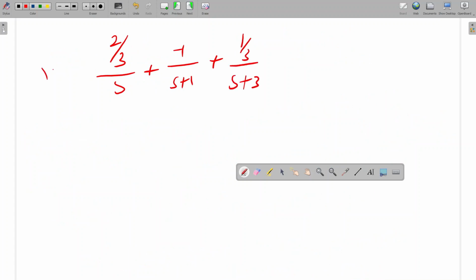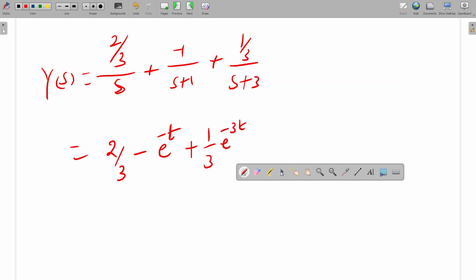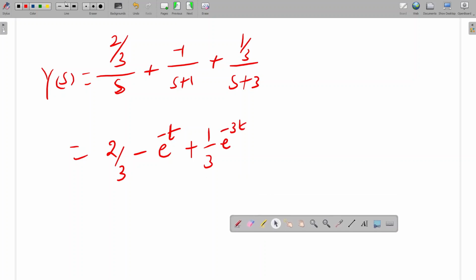So this is Y of s. What will be y of t? Here this is a step function. So that will be 2 by 3 minus e to the power minus t, plus 1 by 3 e to the power minus 3t, and all should be multiplied with a step function.